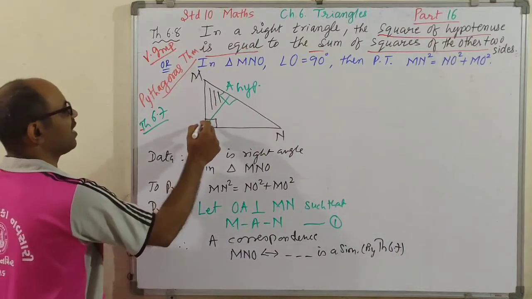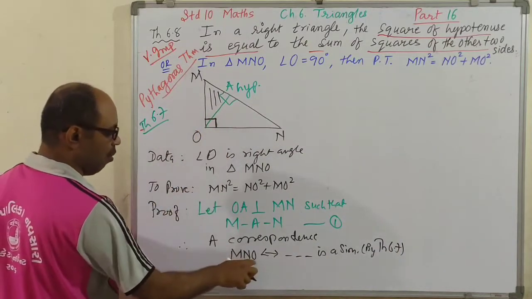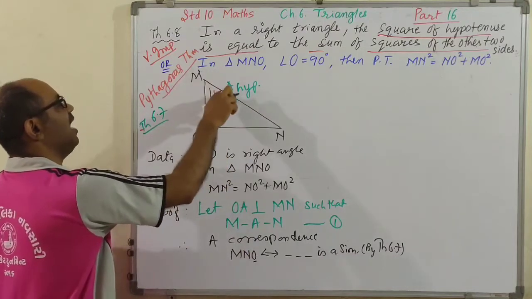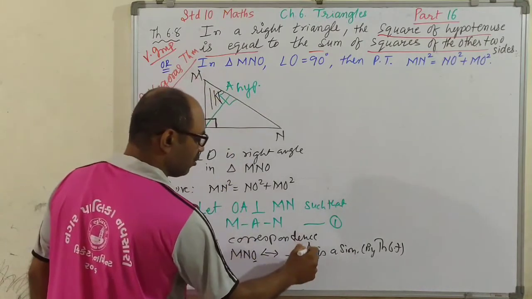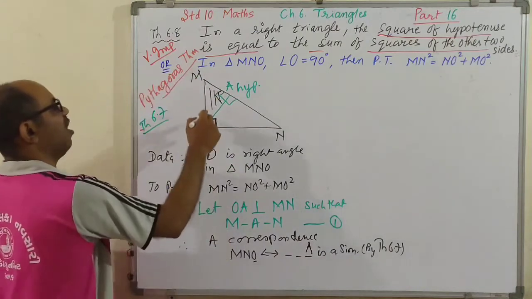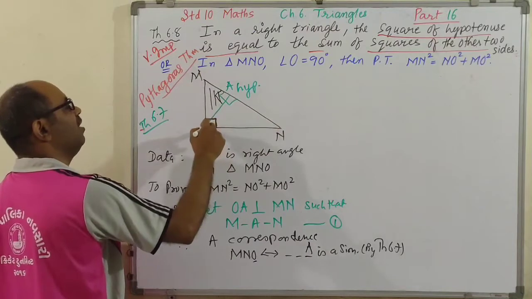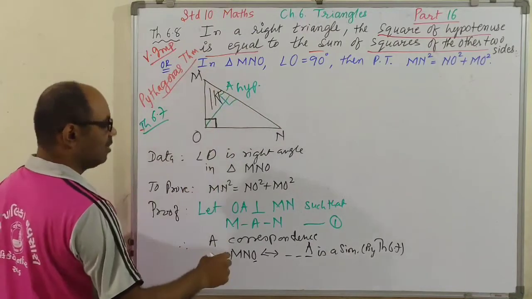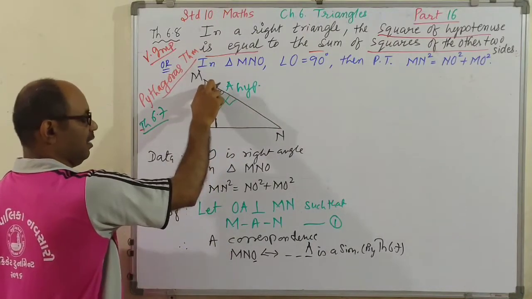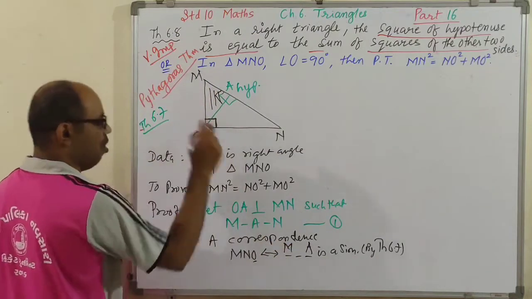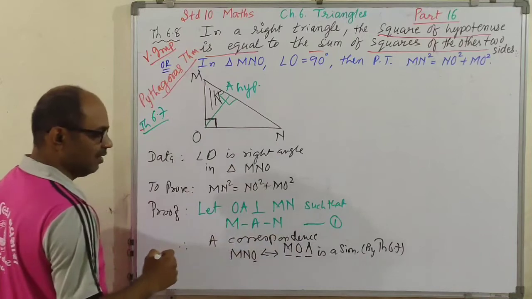Let's see, which is right angle in MNO? O is right angle, and here in this triangle A, so O corresponds to A. Now, which is the common angle? M, this corner one, OMN and OMA. So M is equal, so M corresponds to M. Now, what is left out? O, so that you can fill in the blank. All right.